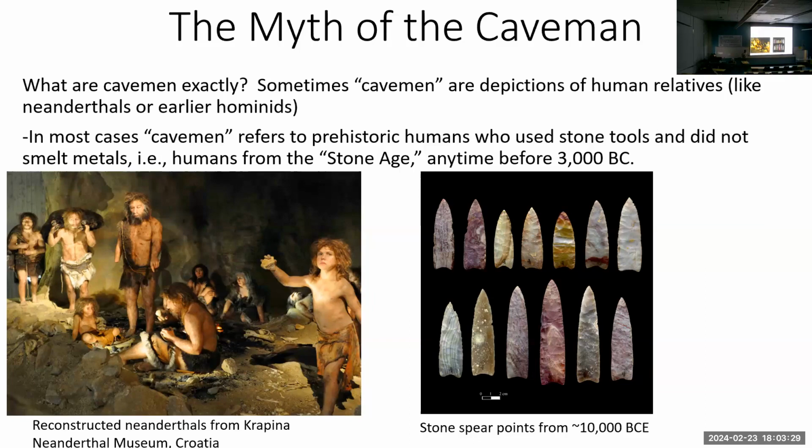But most of the time when people mention cavemen, they're talking about a member of our species from the past, prehistoric modern humans from what you could call the Stone Age era, before you had cultures that smelted metals. So basically any human group prior to about 3000 BC would be classified as cavemen under this system.